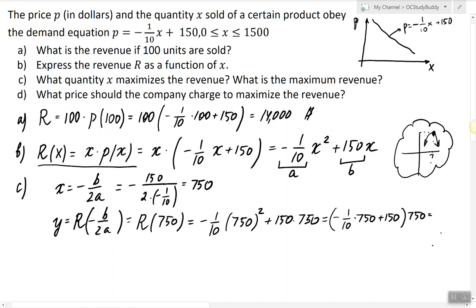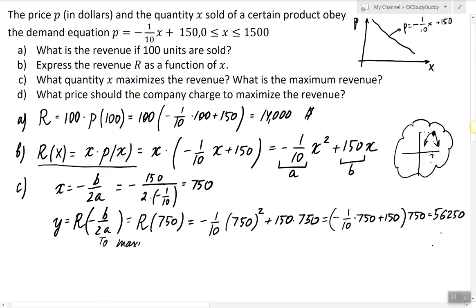And we have negative 75 plus 150, which is 75. So basically here we have 75 times 750, which is $56,250. So to answer the question, the quantity x that maximizes the revenue is 750.